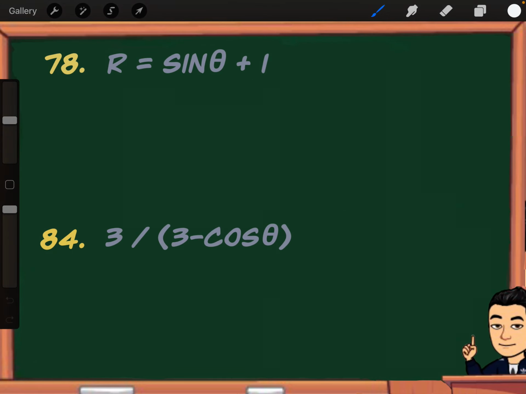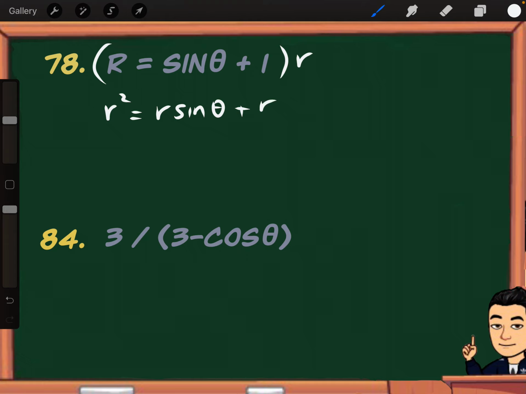No surprise. All right, so the next one, you got r equals sine theta plus 1. Okay, so what I'm going to do here is multiply everything by r, because right now we're trying to change from polar to rectangular. So multiply everything by r, you're going to get r squared equals r sine theta plus r.